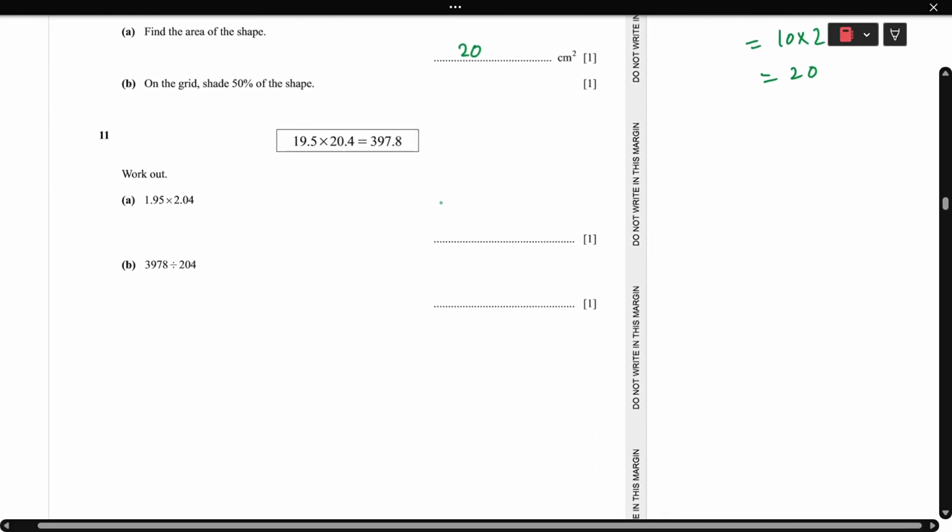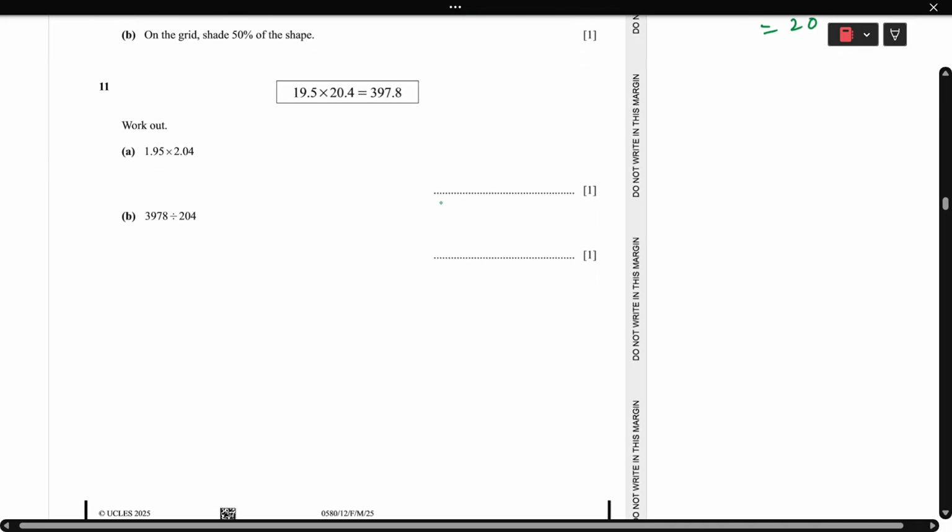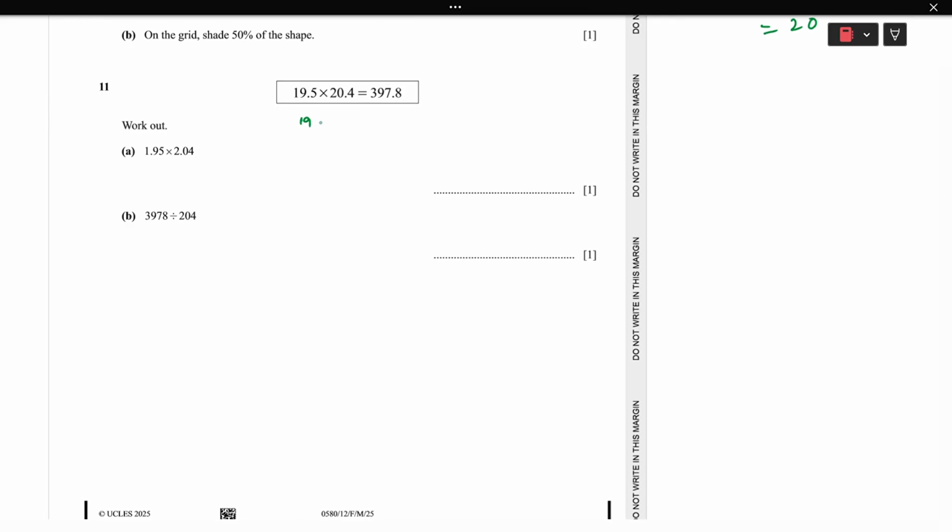Okay, the next one is work out 1.95 times 2.04. So just here 195 times 204 is going to be 39780. So we'll get this way. So here two decimals, so we are putting 2 decimal points here.